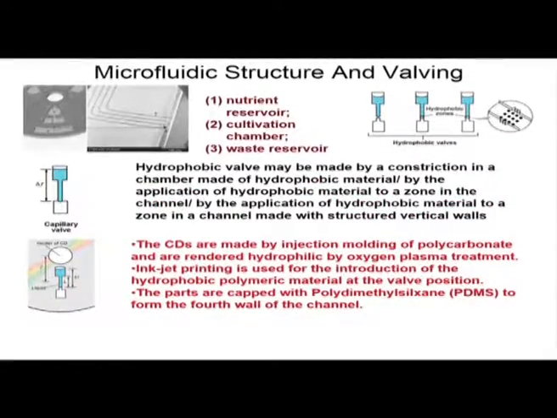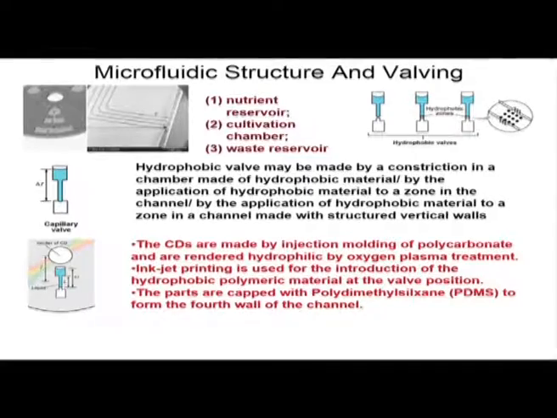So there can be several microfluidic structures and valving. For example, you can make a hydrophobic valve. You can use the CD as a valve only if it is hydrophobic, because if it is hydrophobic, surface tension will try to oppose the flow and the centrifugal force will try to create a radially outward flow.